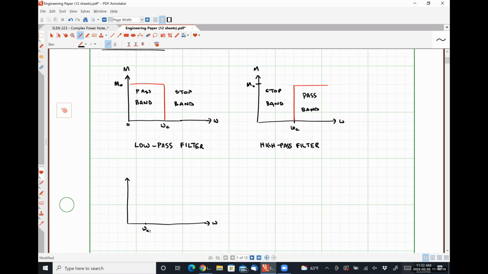So they're going to have two corner frequencies, omega C1 or omega low, omega C2 also known as omega high, and then a center frequency, omega C, or more commonly, omega naught.